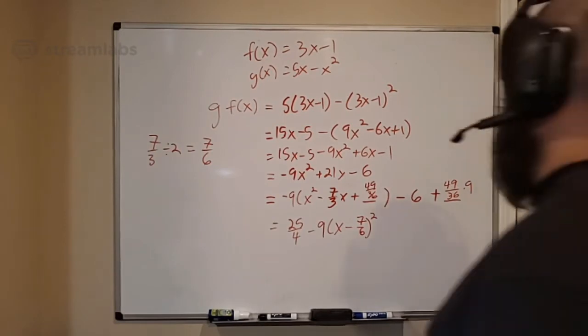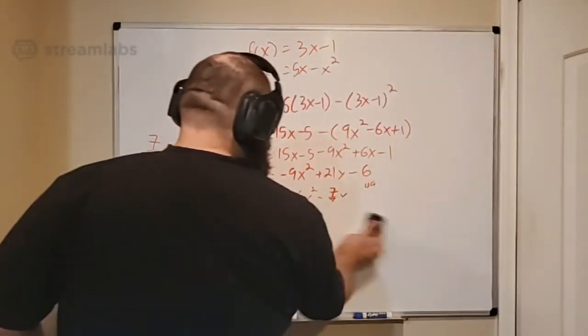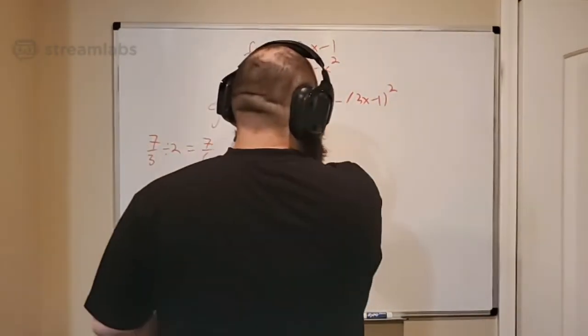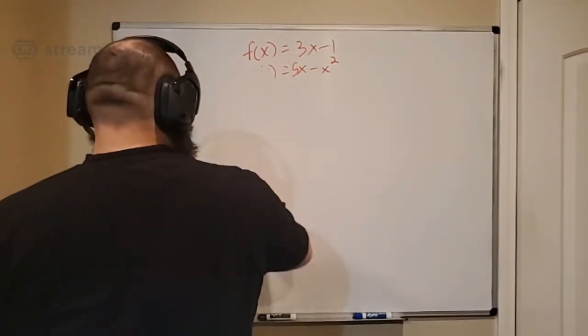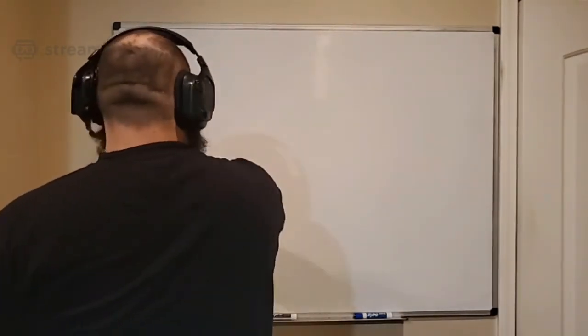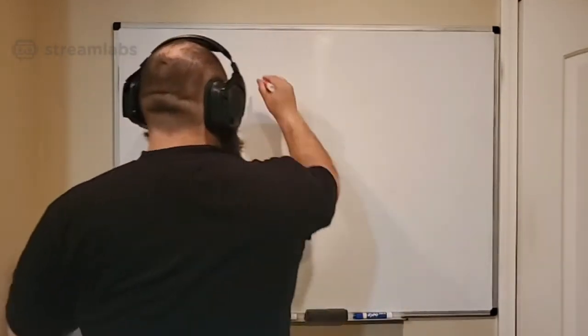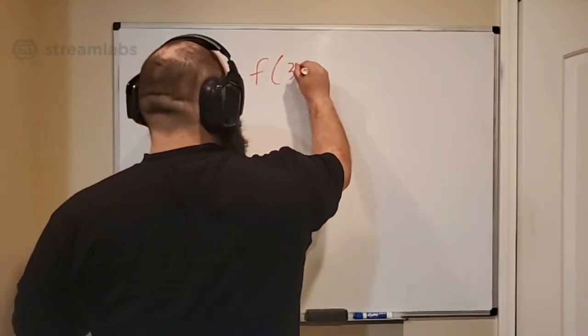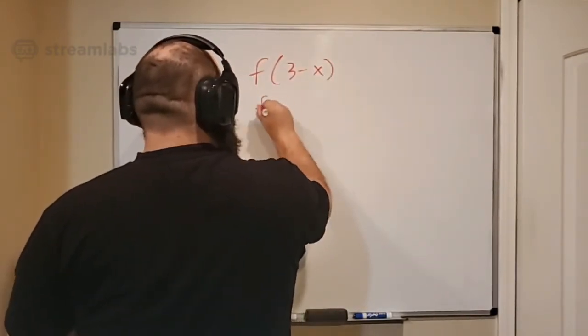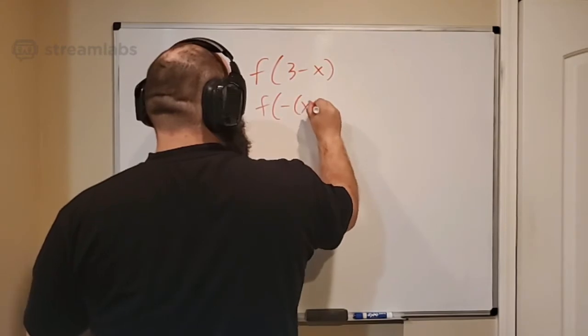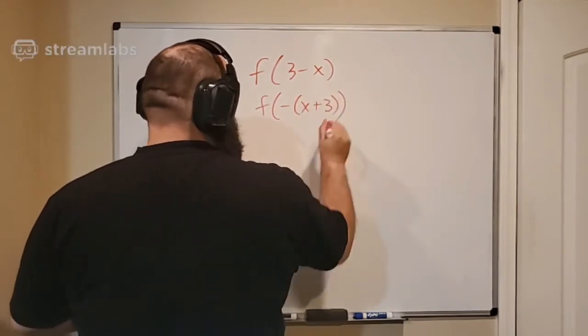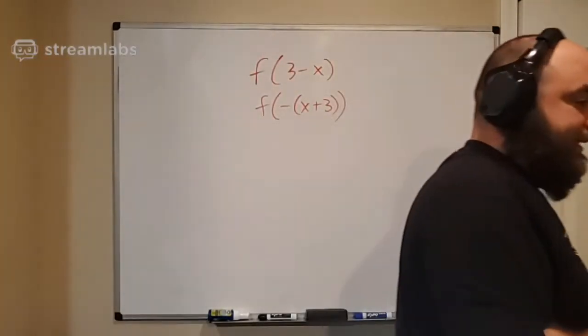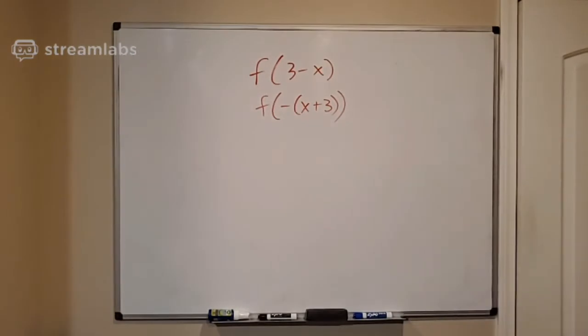The way that I would actually prefer you to do it if you're doing something like this is, if you have f of 3 minus x, you should rewrite this as f of negative x plus 3. You always want your x to be positive, and if there's a negative, obviously you can sit out in front of it, but you need to factor that negative out of everything. It'll make your life a lot easier.